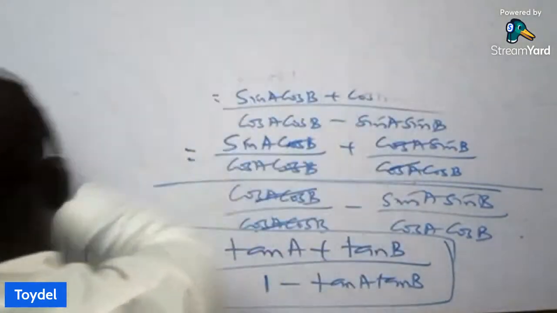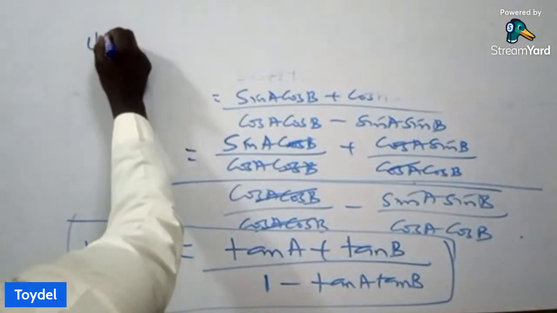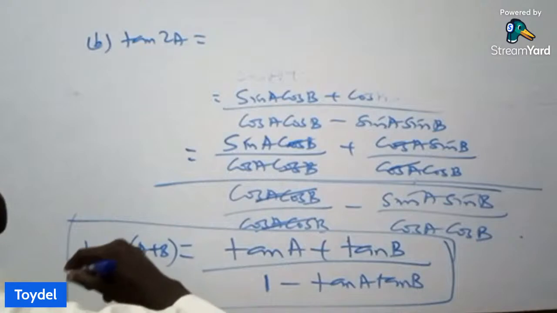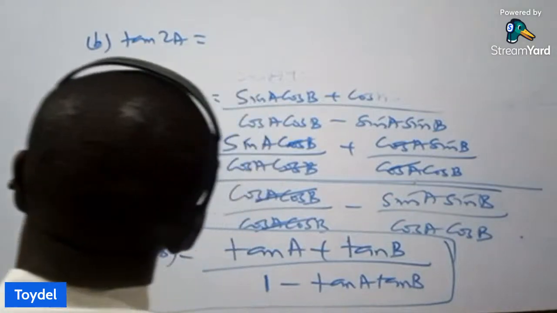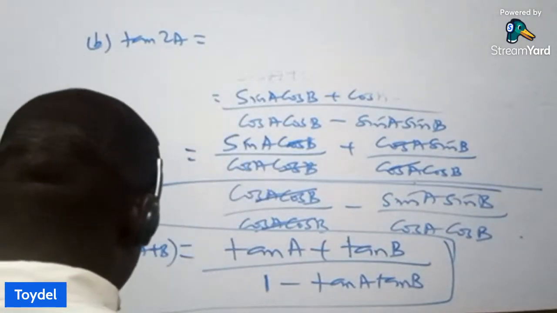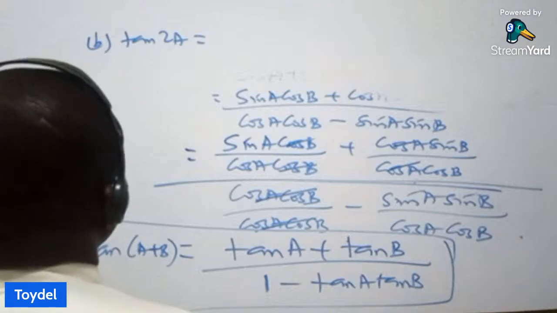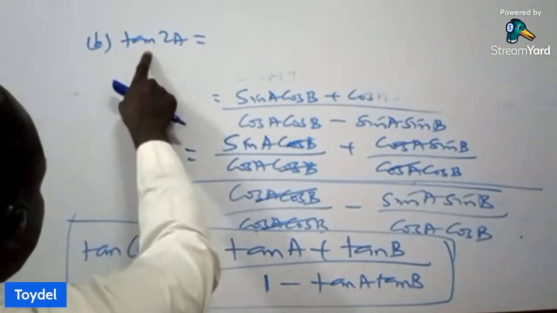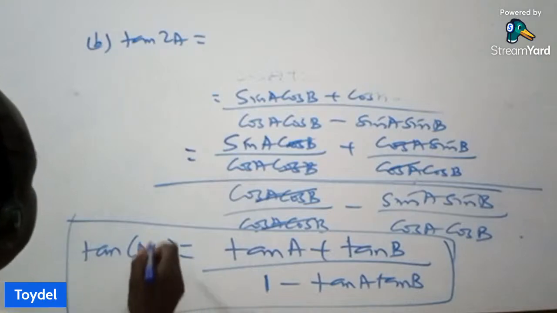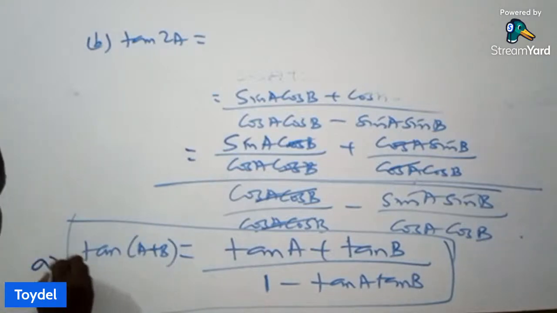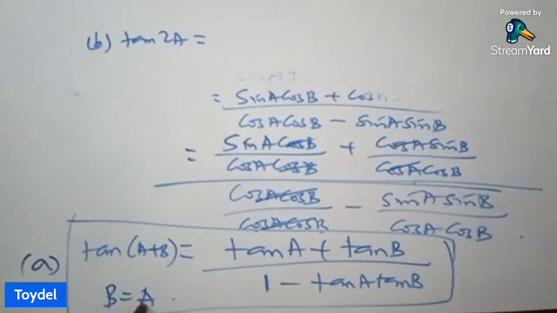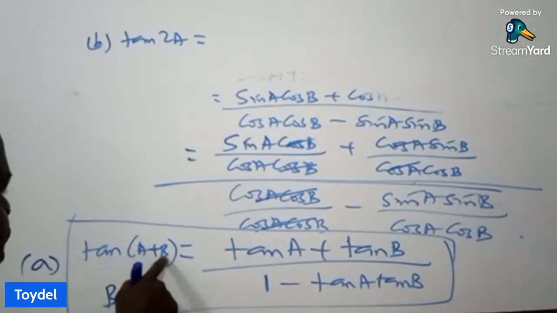So we go to the second question, the B part. We are asked to show that tan 2A is equal to 2 tan A all over 1 minus tan squared A. In this case, this is a double angle. From the A part of the question, if we put B equal to A, we are going to have A plus A, that will be 2A.